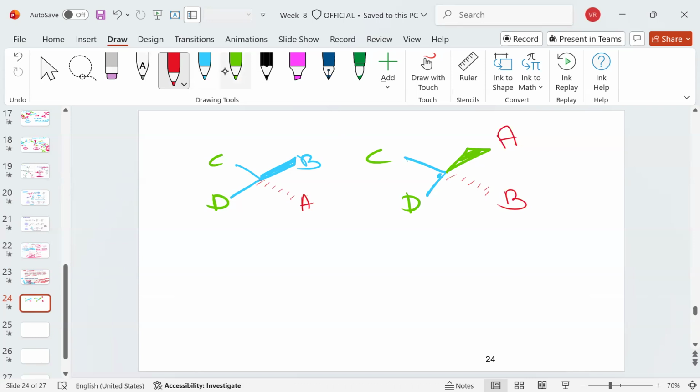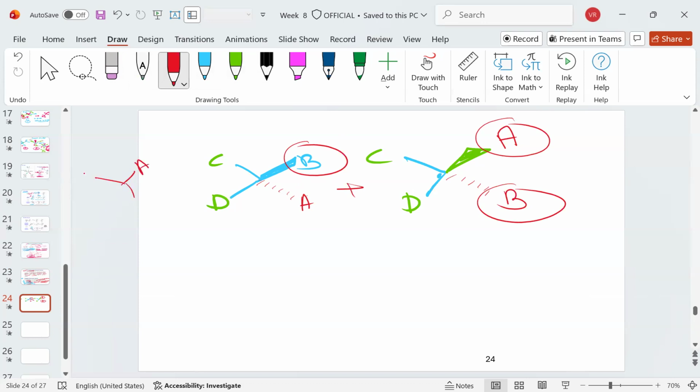What is the difference here? The difference is very minor. You can see in the starting material B is directing upward, but in the product A is directing upward and B is directing downward.